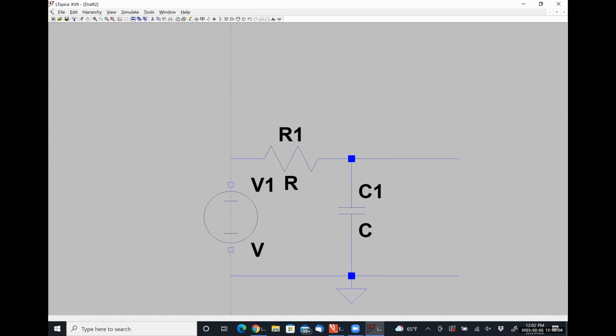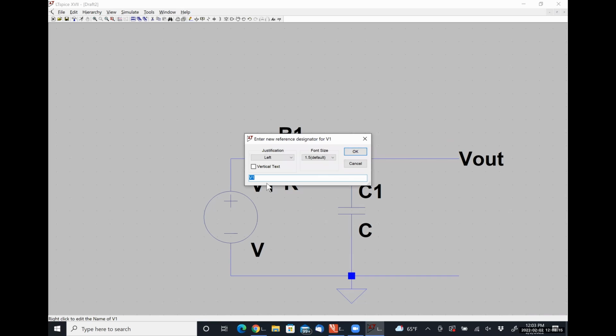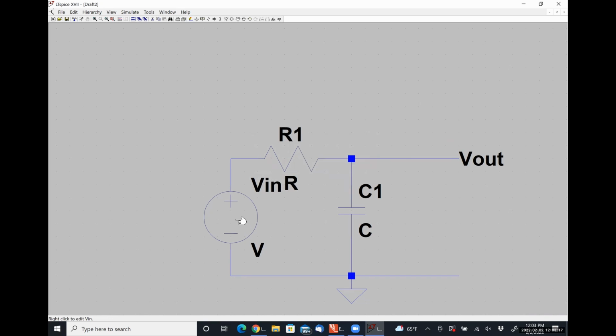Connect that up. Then I am going to label the node on the top right as V out, and we'll call this one V in.